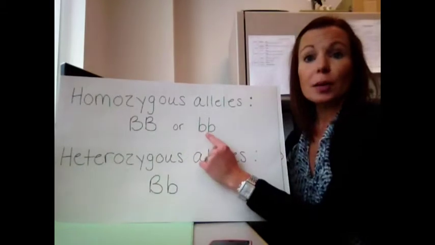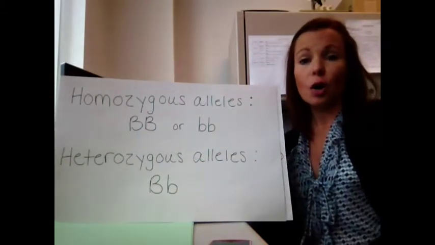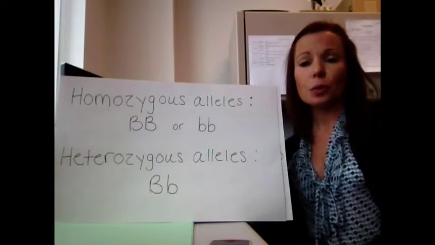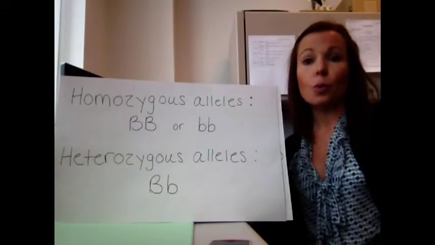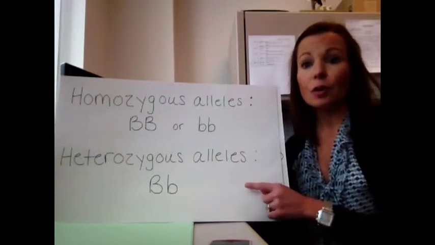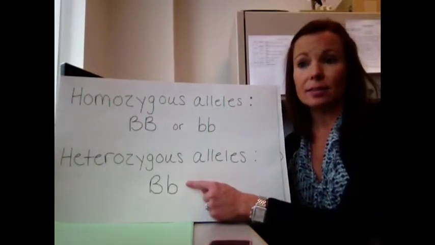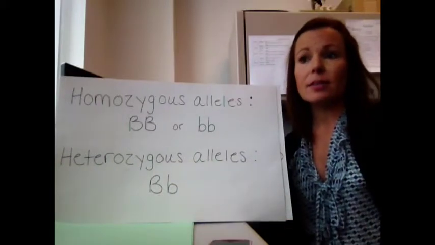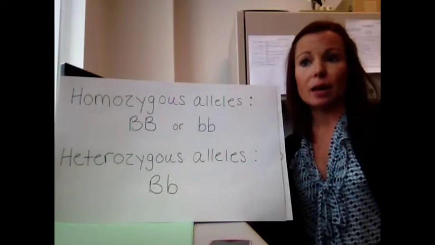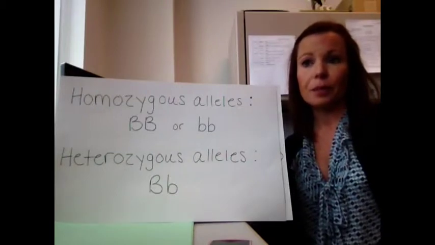Here are two examples of a homozygous genotype. If an individual has two different alleles, one dominant and one recessive, then they are said to be heterozygous, as in this case. If this is the case, then only the characteristic determined by the dominant allele will be displayed.